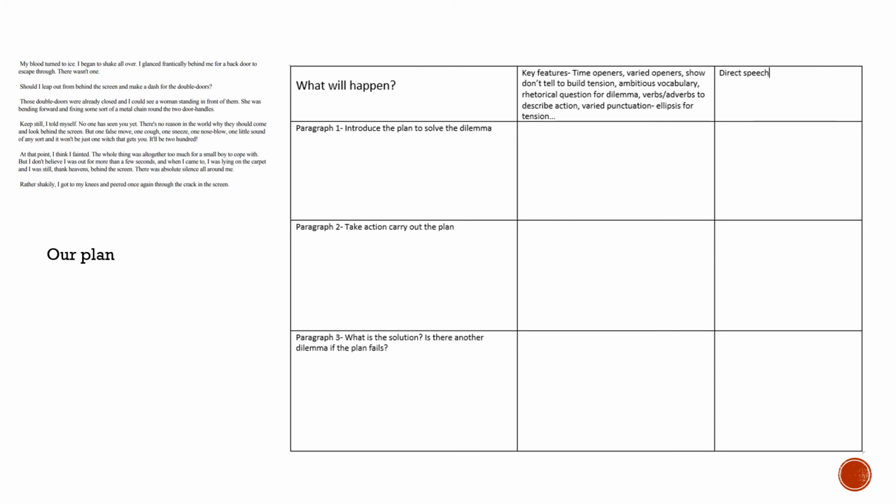So think about, if the boy's trying to escape, might there be some dialogue between witches? Could they shout at the boy? Remember, again, use some adverbs to describe how they're speaking and really try to bring the characters to life with your direct speech. If you're in red and purple groups, remember our rules for direct speech and how to punctuate accurately. We're really going to be looking for this when we see the work handed in, in school and online.